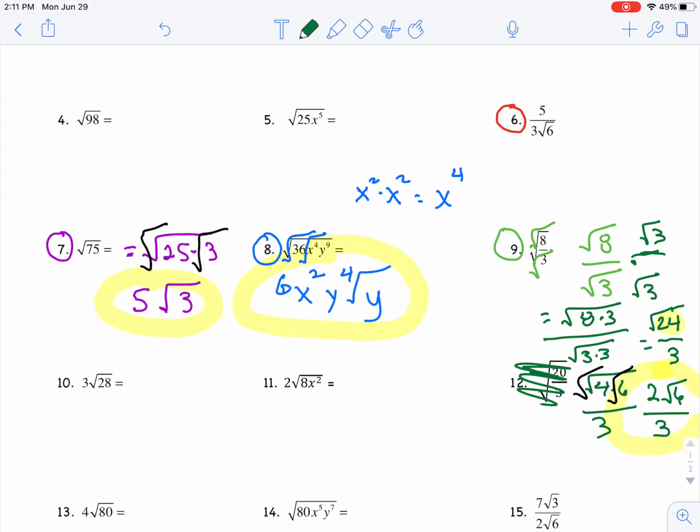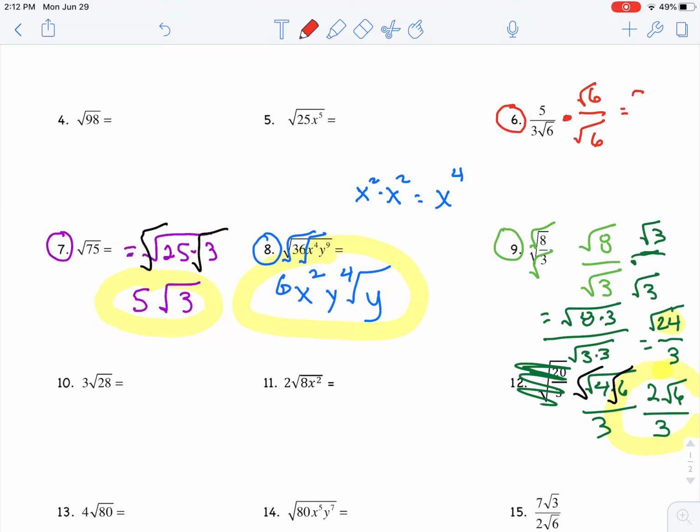And then I'm going to go up one example to number 6 and do one more example. There is no perfect square under the radical, but again, we cannot have a radical in the denominator. So again, I don't have to multiply by all of this. I just need to multiply by the radical itself. So I'm going to multiply by the square root of 6 over the square root of 6.